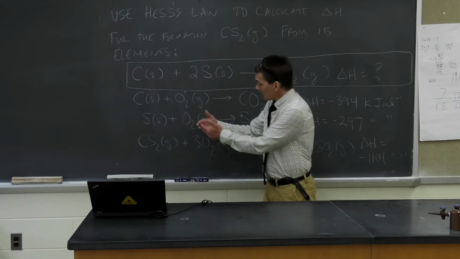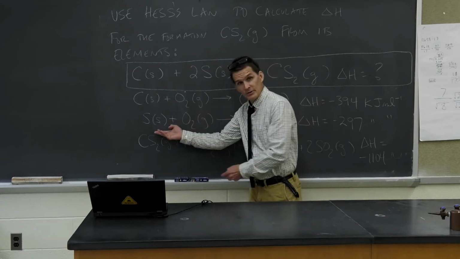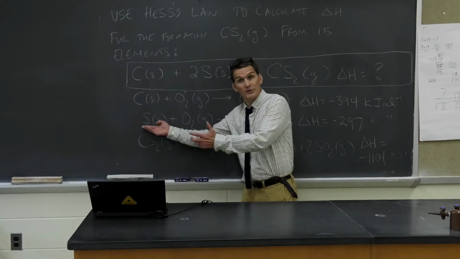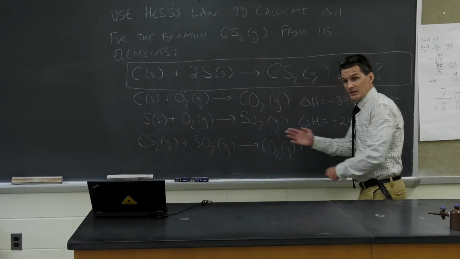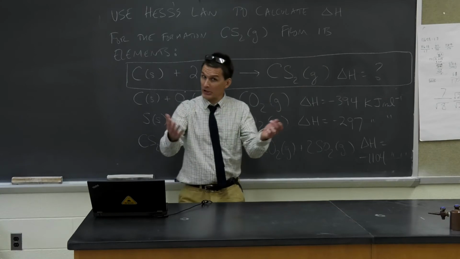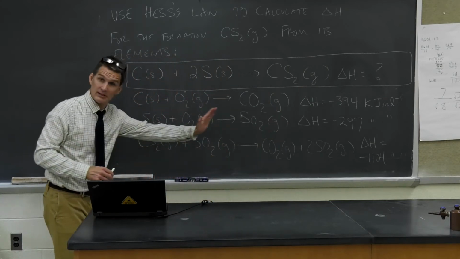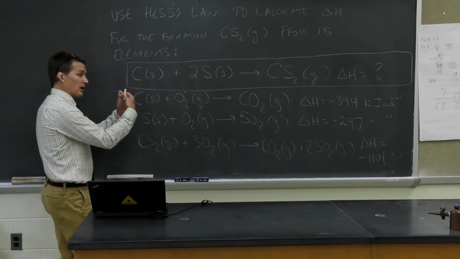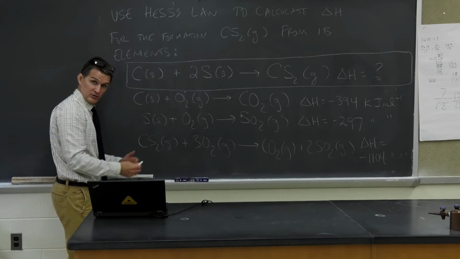Because of that, I need to multiply this by 2. But I can't just multiply this by 2. If I multiply this by 2, I've got to do it to the whole equation. Because this ratio holds for everything in this particular second equation. So I'm going to multiply this entire equation by 2.